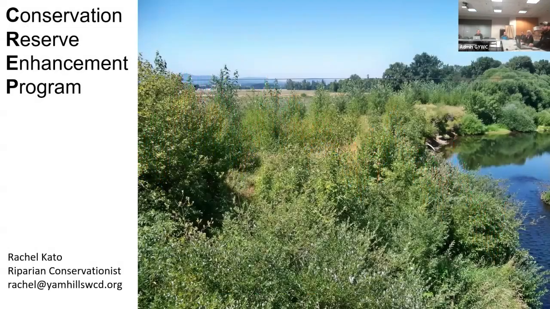So with high temperatures and high sediments, I wanted to shift gears slightly to talk about what different programs are out there for landowners to work with. One of the big ones would be the Conservation Reserve Enhancement Program. Our coworker Rachel does that program, and it's a cost share program to help establish riparian buffers along streams.